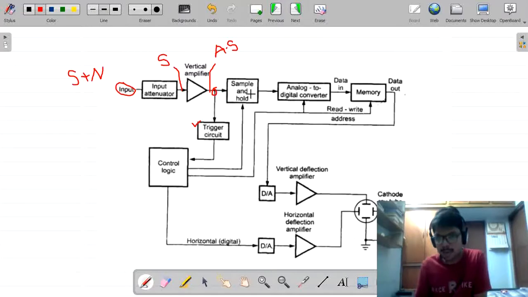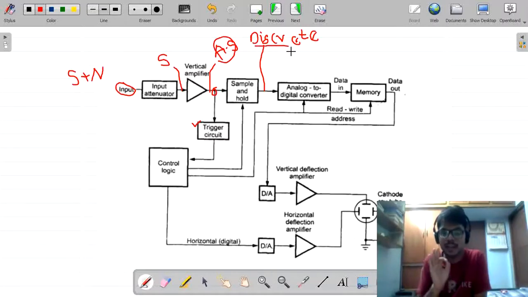The sample and hold circuit will sample the signal, so the analog signal is converted into a discrete signal. Our analog signal is converted into a discrete signal, but not digital.